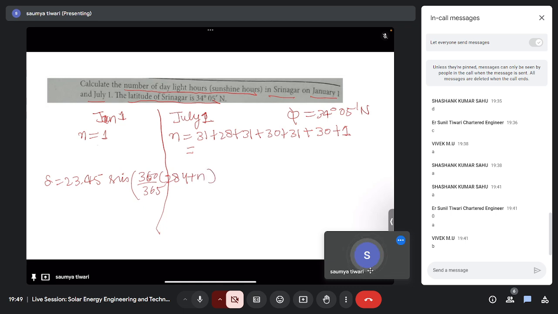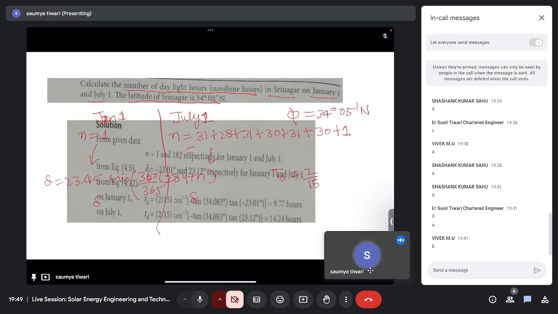We can put this n value into this equation and calculate the declination angle for these two days, right? Now, the number of daylight hours is given by 2 by 15.